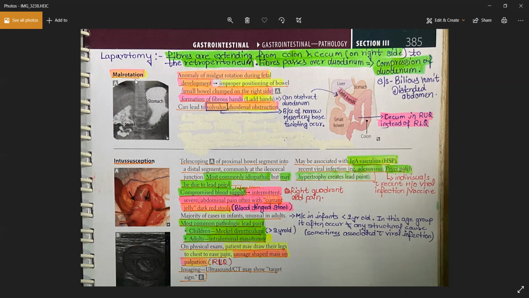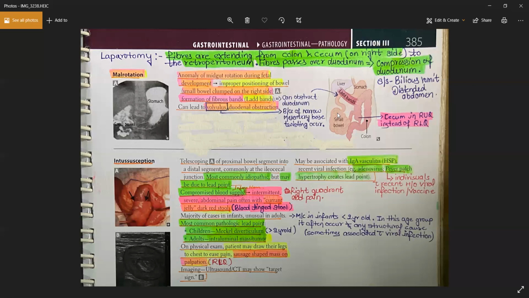Whenever the rotation is inhibited, you will have improper positioning of the bowel. The colon will be present on the left side, and the small intestine will be present on the right side, right?